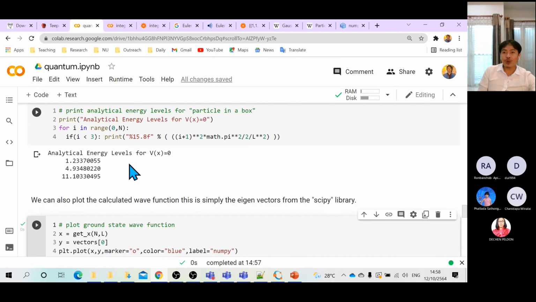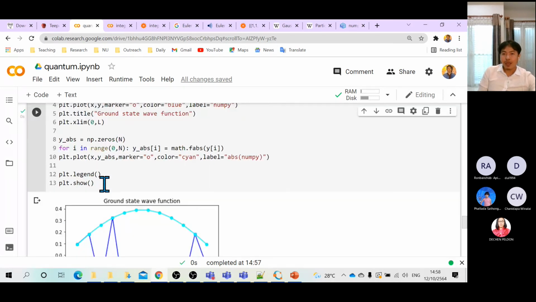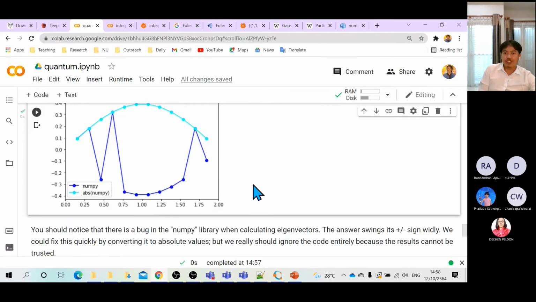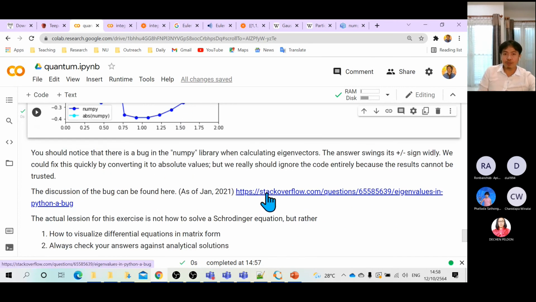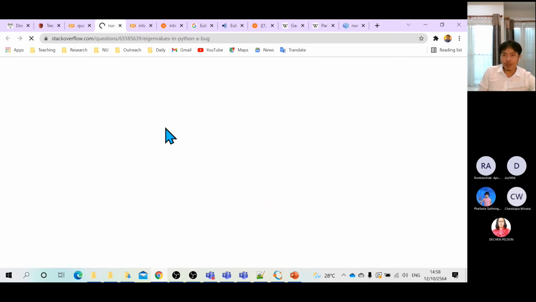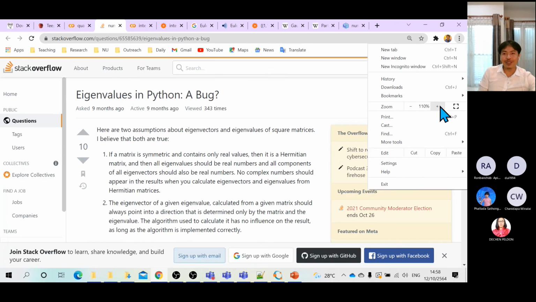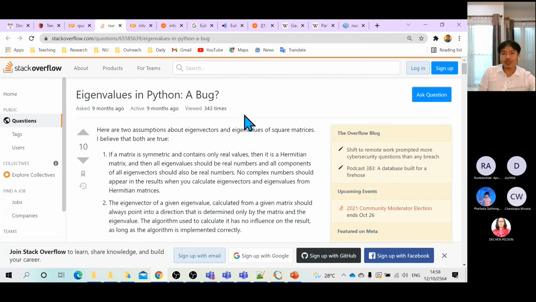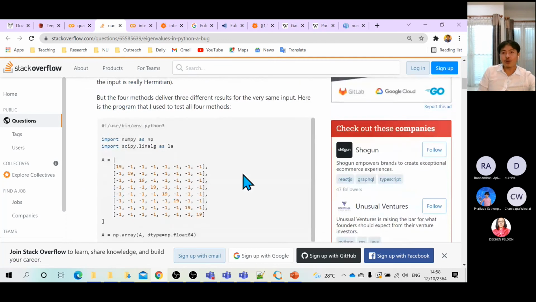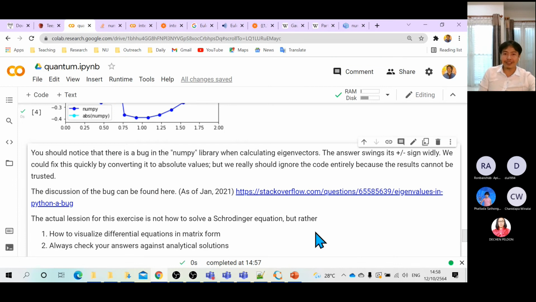For the eigenvalue, it's okay. I checked online, and there is information about a bug in the Python code, okay, in how you compute this, and that was in January of this year. So what is the lesson that you learned in this exercise?